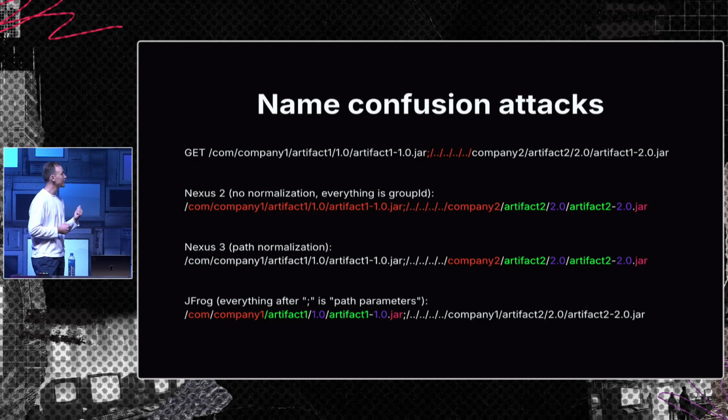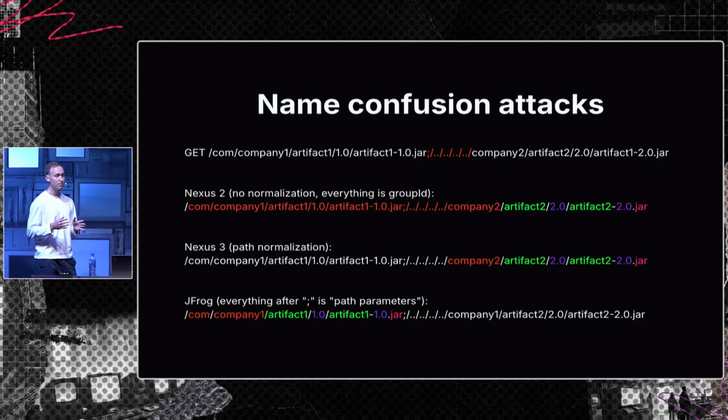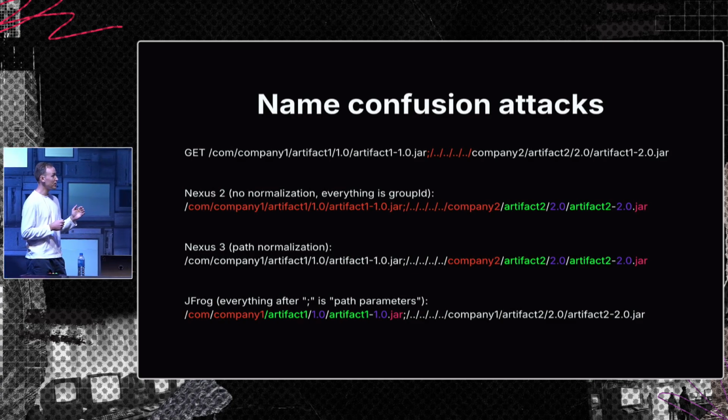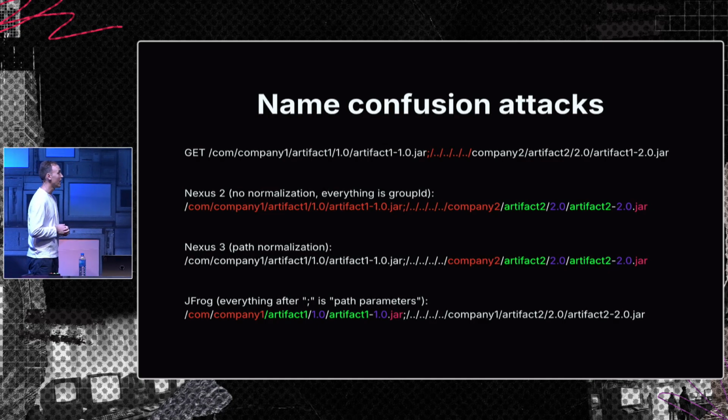And I realized that all 3 projects I tested, Nexus 2, Nexus 3, and JFrog Artifactory, handle this path differently. Nexus 2 will consider the whole path as the artifact name, and in this case, it will be an enormous group ID. Nexus 3, on the other hand, will perform the URL normalization process first.